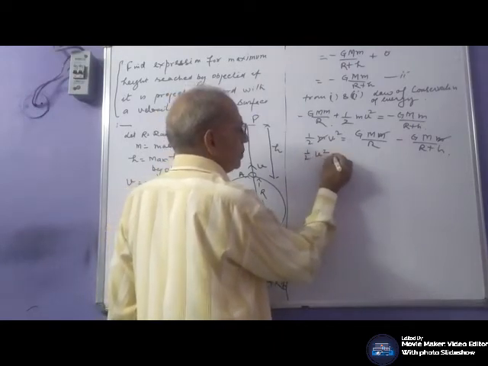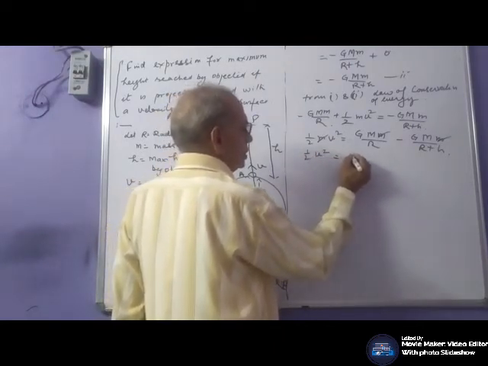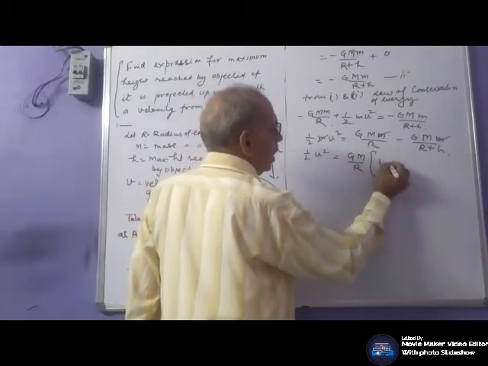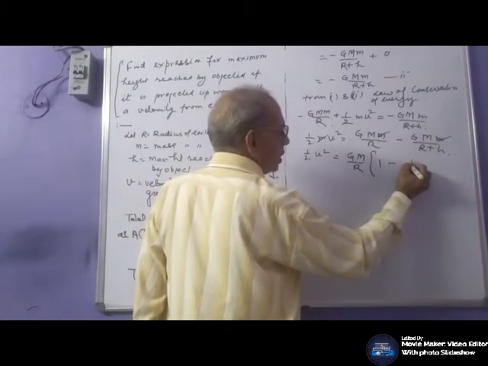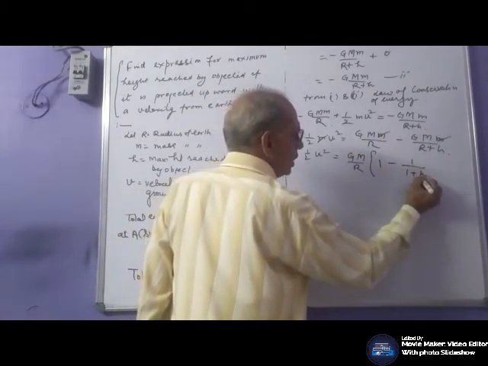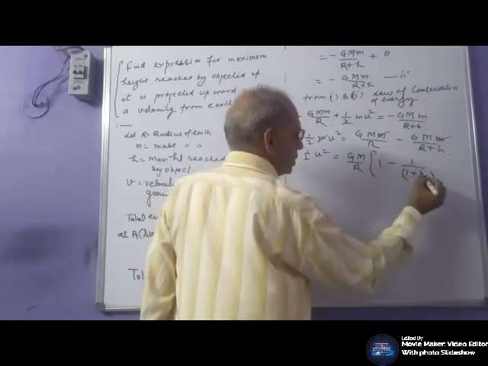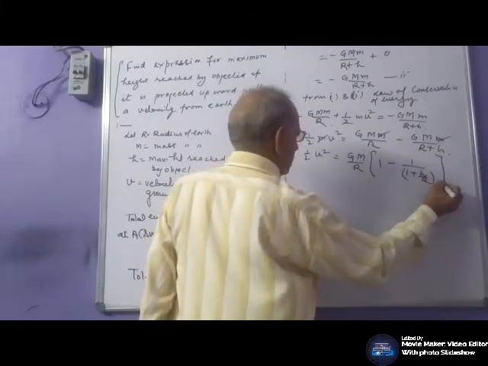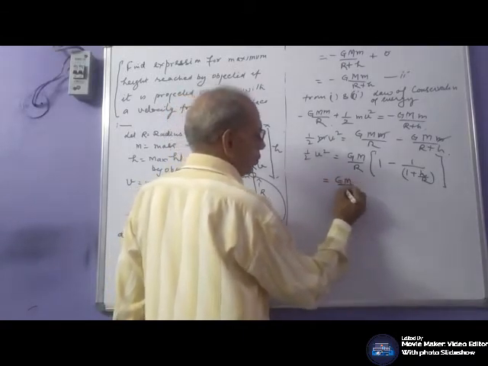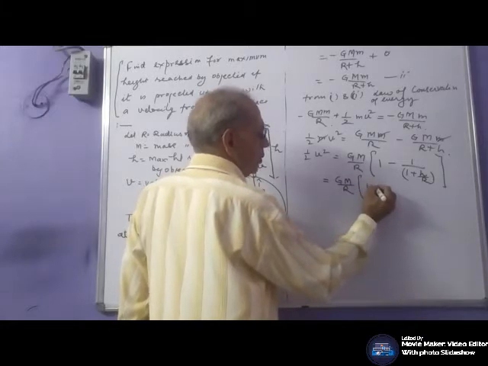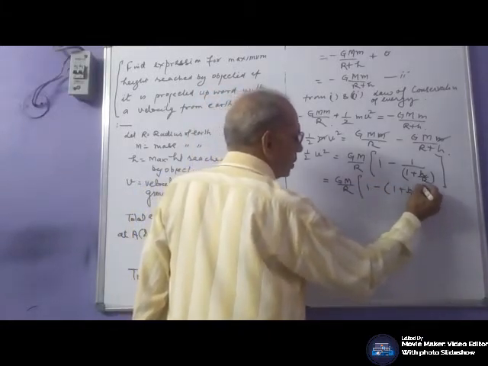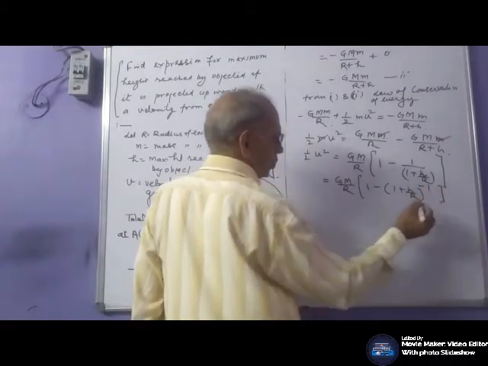Half V square, G common, M common, R common, it is 1 minus 1 by 1 plus H by R. It is GM by R, 1 minus 1 plus H by R, the power becomes minus 1.